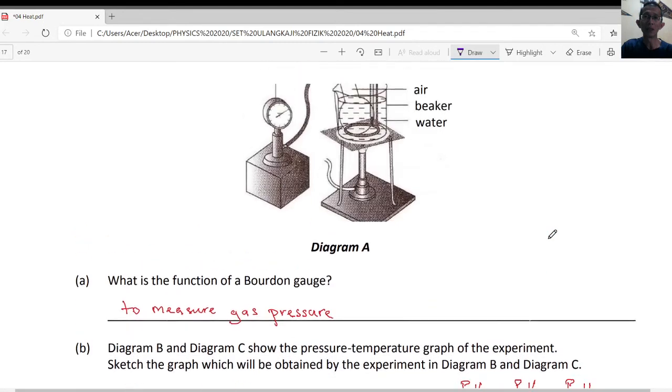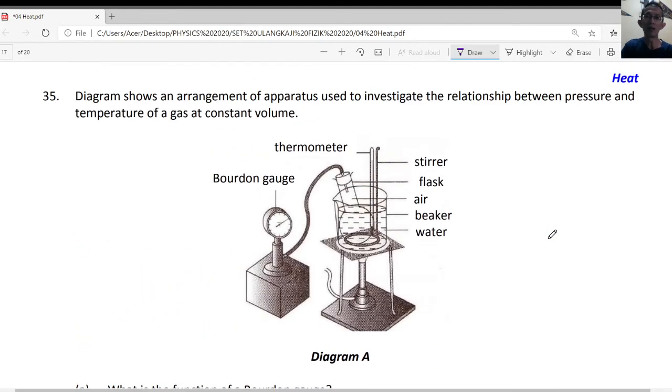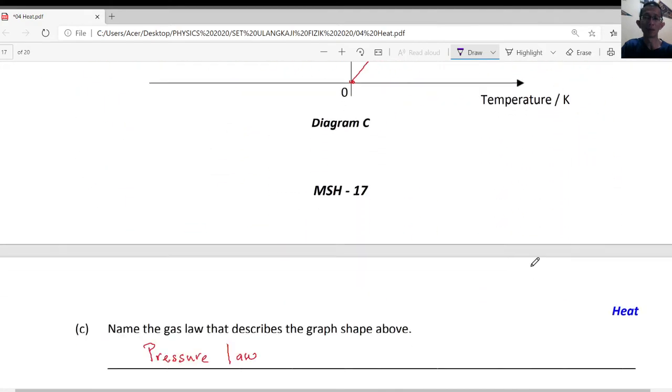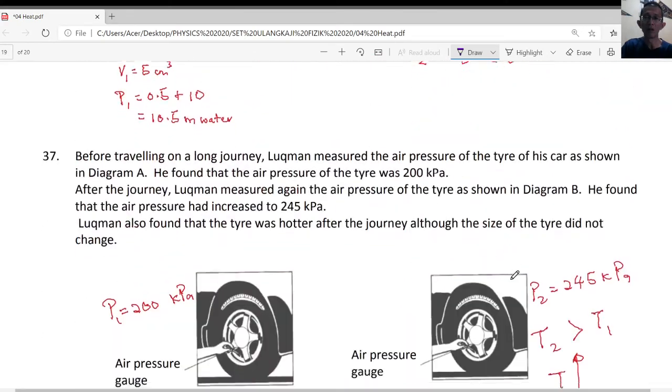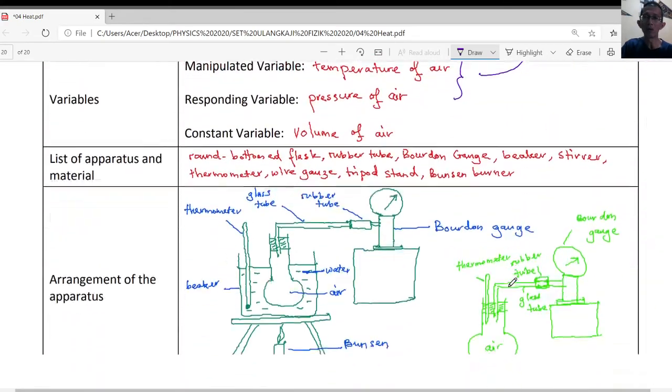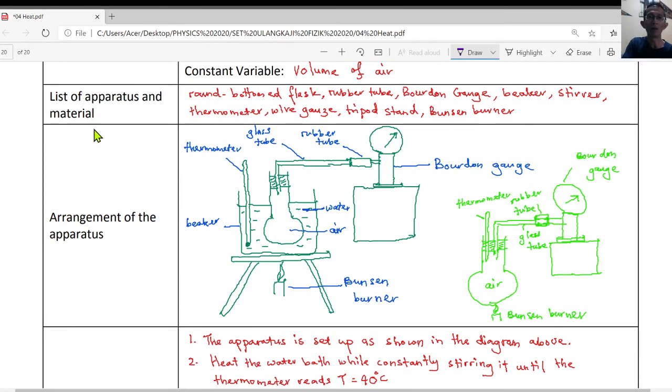I have here the heating up, with temperature read by a thermometer, and pressure read by my Bourdon gauge, right? Since I want to know the relationship between temperature and pressure, for pressure I need my Bourdon gauge, and for temperature I need my thermometer.